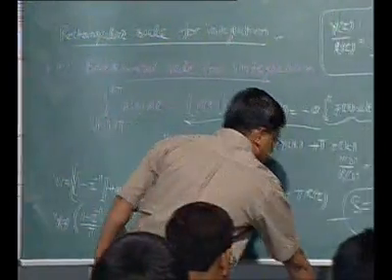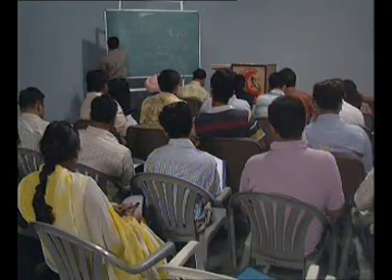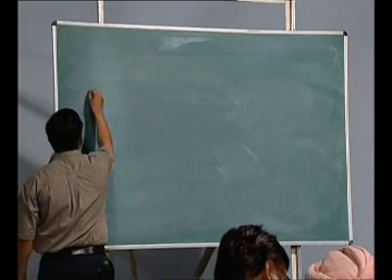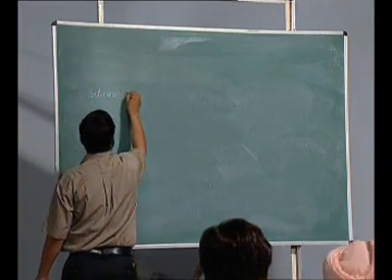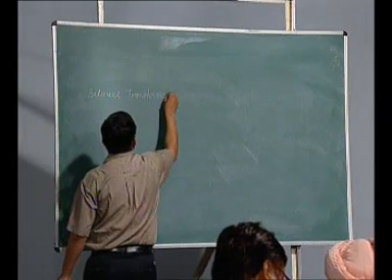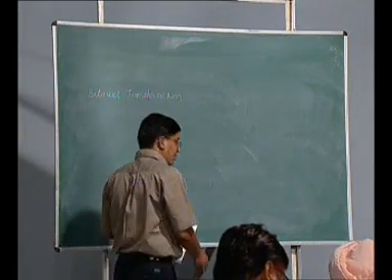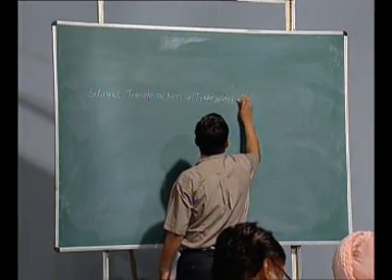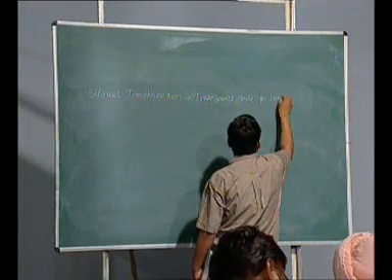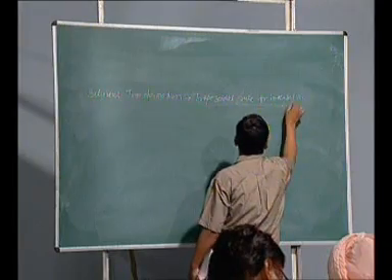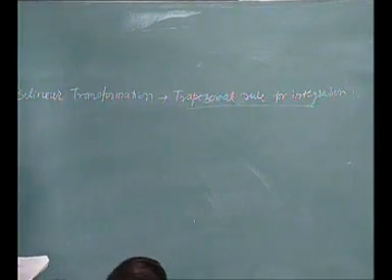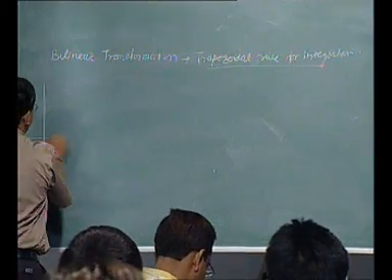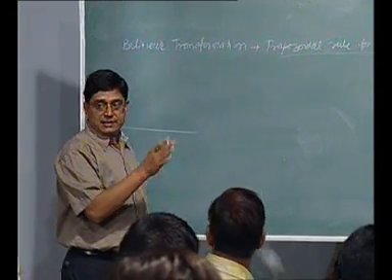Now, the next principle of discretization is the bilinear transformation. The next method of discretization is the bilinear transformation, and this is also called the trapezoidal rule for integration. According to this method, in the previous one we have sampled in rectangles.